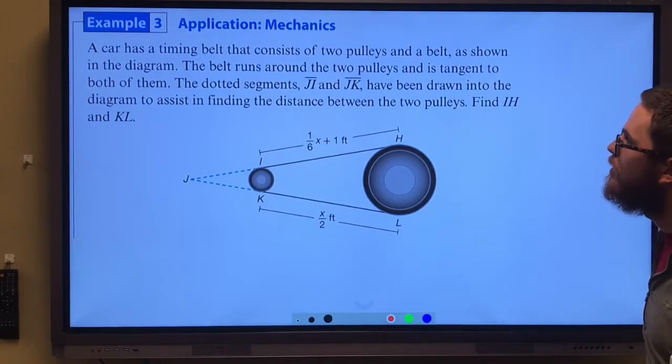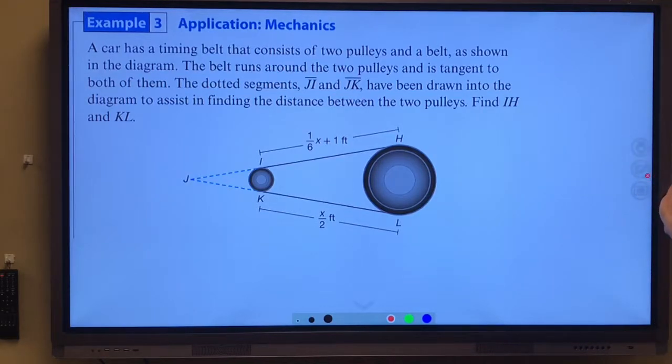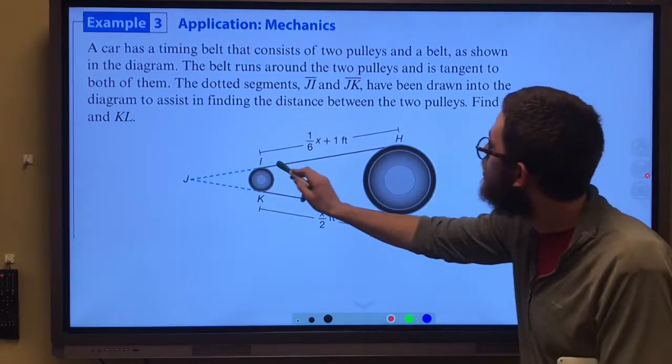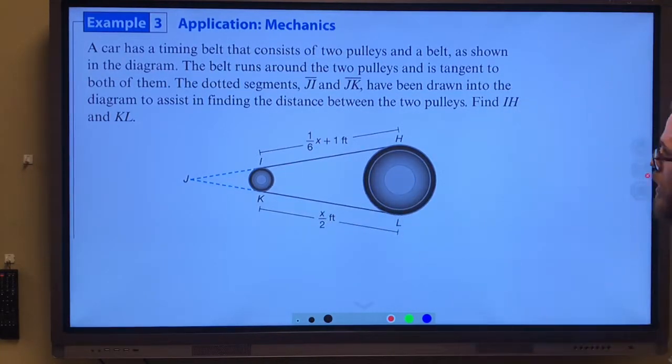Next, it says a car has a timing belt that consists of 2 pulleys and a belt. As shown in the diagram, the belt runs around the 2 pulleys and is tangent to both of them. The dotted segments JI and JK have been drawn into the diagram to assist in finding the distance between the 2 pulleys. Find IH and KL.